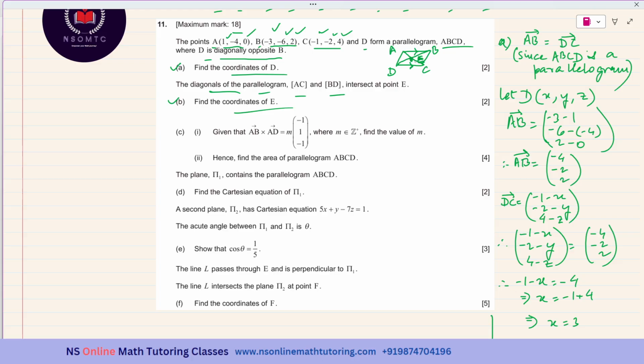If you remember this property, you can simply find the midpoint of either AC or BD. That will give you the coordinates of the point E, and I'll be using that method. It is carrying 2 marks.